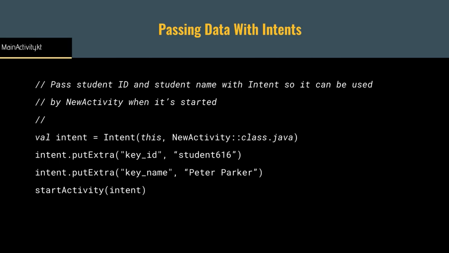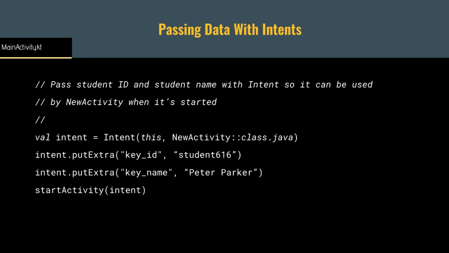Now, you can also pass specific data with intents, and we're going to do that this week. So in the case seen here, we're defining an intent to go to our new activity class. We're then calling intent.putExtra and assigning key value pair data to be included with that intent.